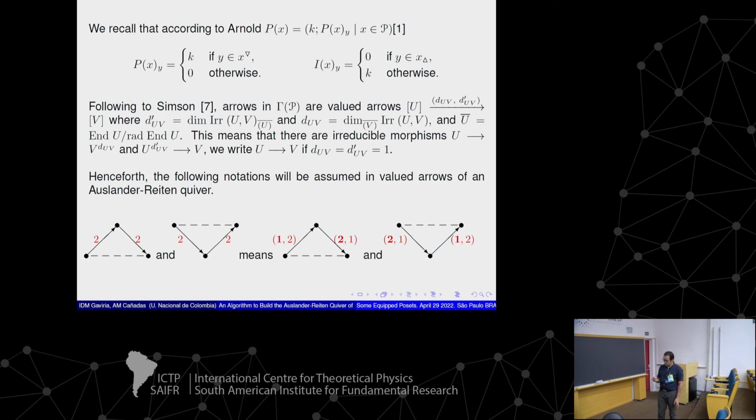If that dimension is equal to 1, then we just don't put the evaluation. And we have just this situation in the Auslander-Reiten quiver. The evaluation is equal to 1 and 2, or 2 and 1. Then, if we have this notation, we put just this number here. This is just by convention.